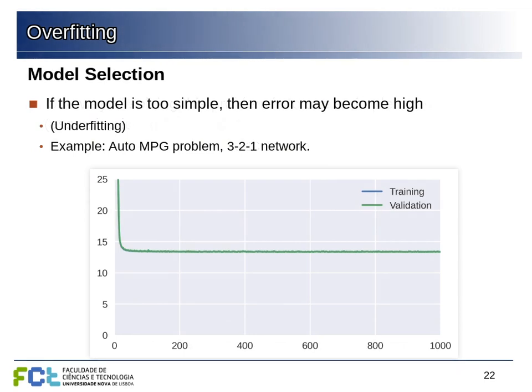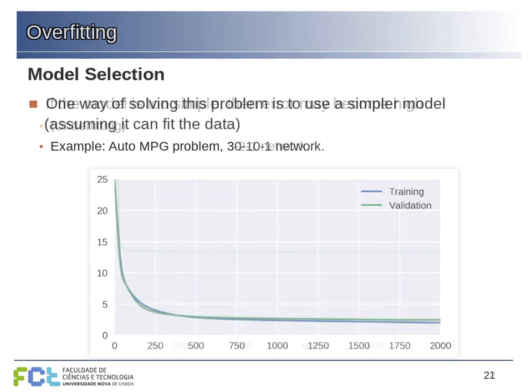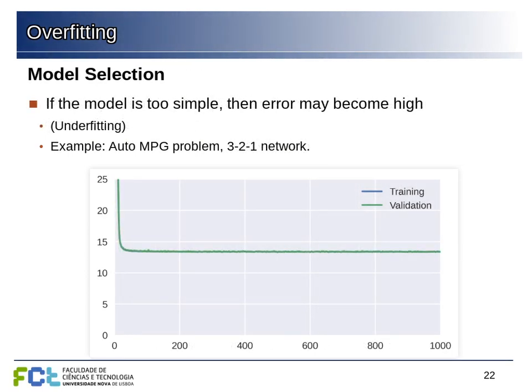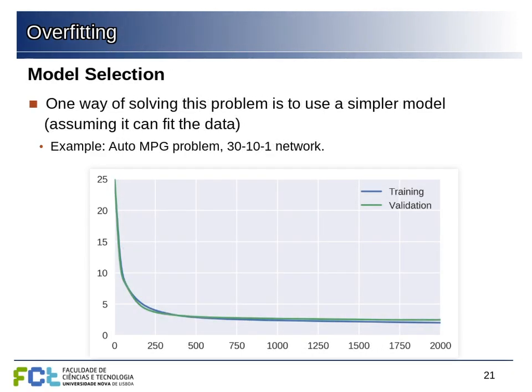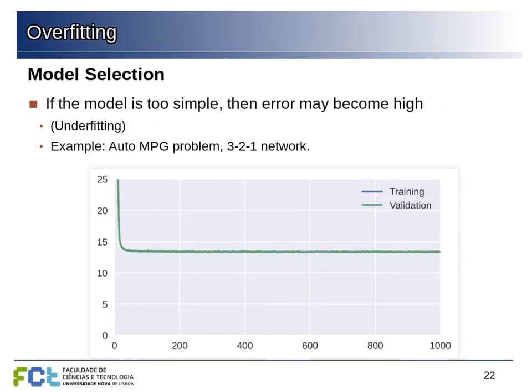But you can go too far. For instance, this is a 30-10-1 network, but if we have, for example, a 3-2-1 network with only these neurons, now the training and validation error are nearly the same, but they are both very high, much higher than in this case. So this is an example of underfitting. In underfitting, your model is unable to learn the actual structure, the relations, or approximate the function you're trying to predict.